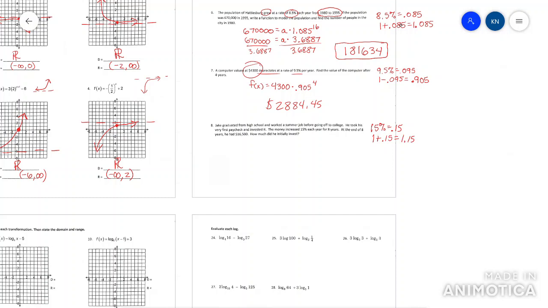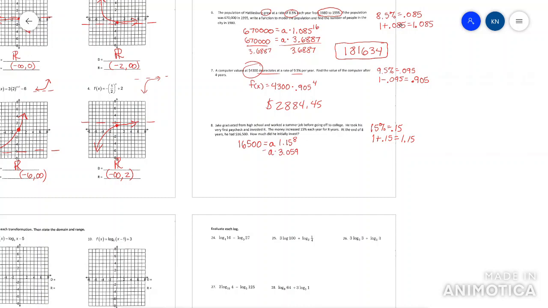At the end of 8 years, he had 16,500. That's your final amount. So we'll be looking for starting amount, A, times 1.15 to the, they said 8 years. So you need to go get a value for this 1.15 to the 8. 1.15 to the power of 8 is 3.059. But again, I'm going to be pulling previous answer.